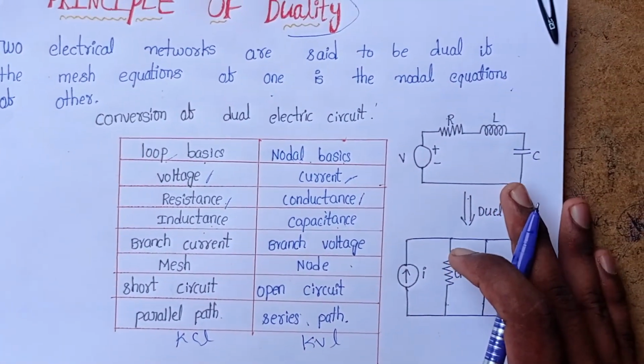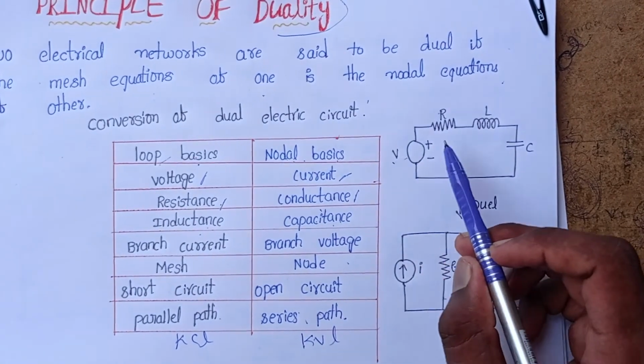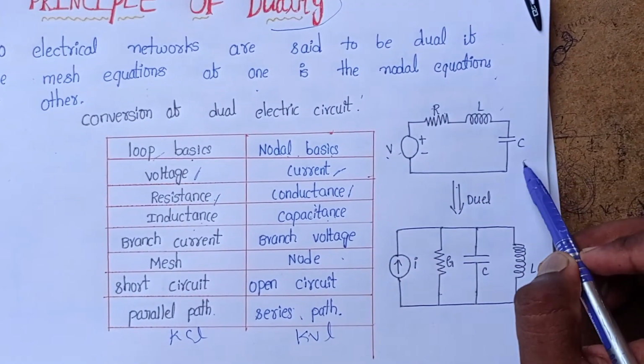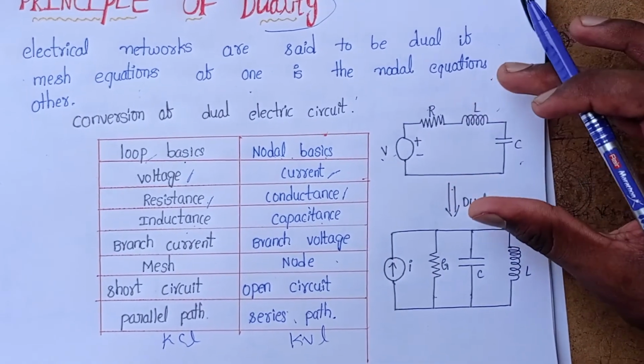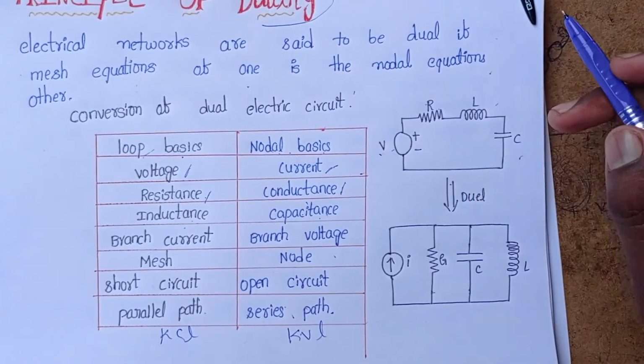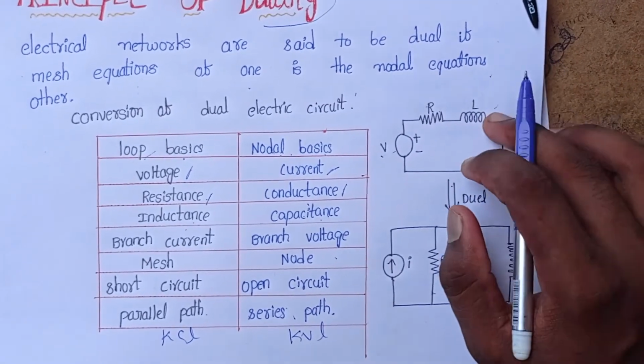Here we have one example. This circuit has a voltage source, resistance, inductance and capacitance. Suppose we have a question asking for the dual circuit of this circuit.